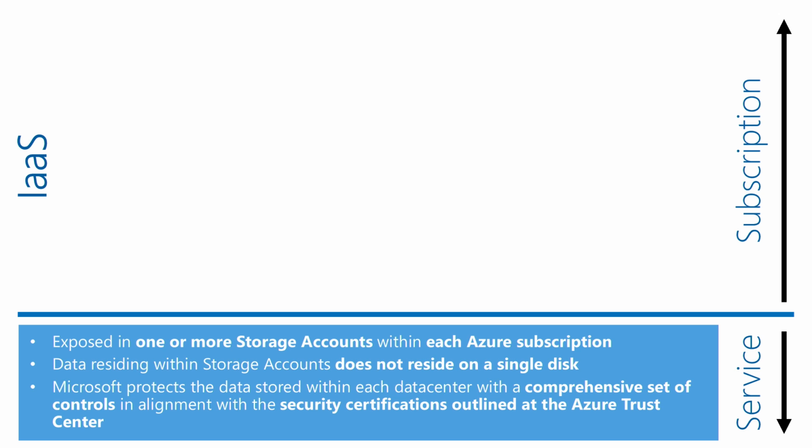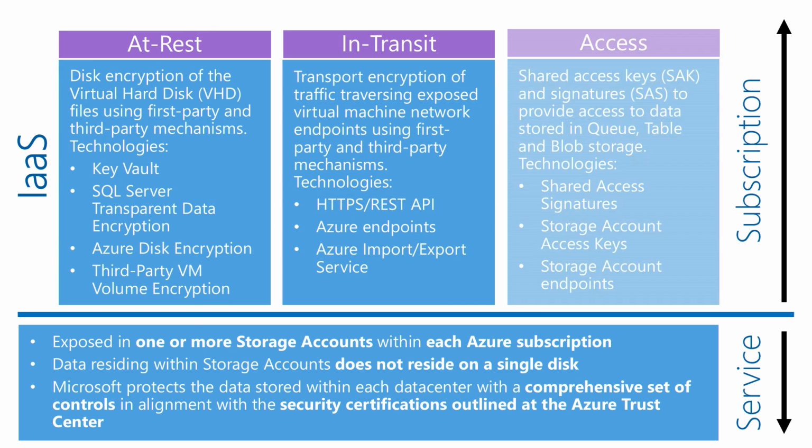One storage account can go into another virtual machine that is running in another place, so they can be consumed across the subscription. And the second point is data doesn't reside on a single disk. Whatever you put in, even if it is like 100 MB, you don't expect it to be on a single disk. They are all striped across multiple disks and taken care of from the security angle.